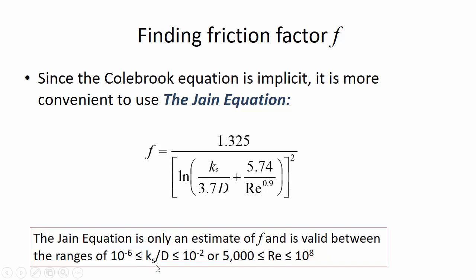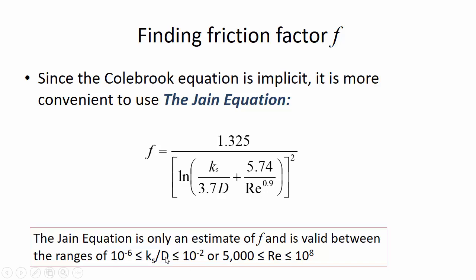What about the relative roughness? Our k sub s was 0.15 and the D is 136. So 0.15 divided by 136 is 1 times 10 to the minus third. The relative roughness is also within the acceptable range.